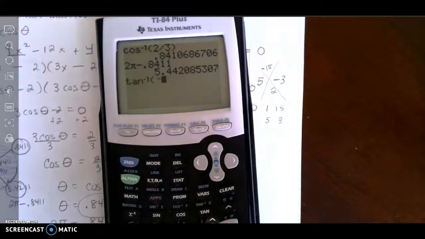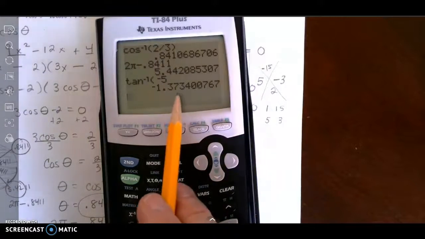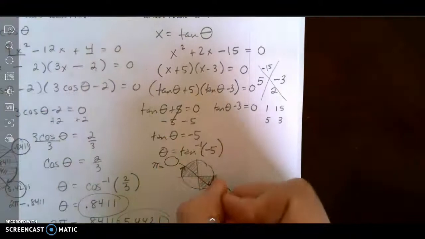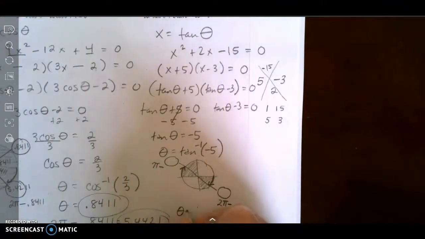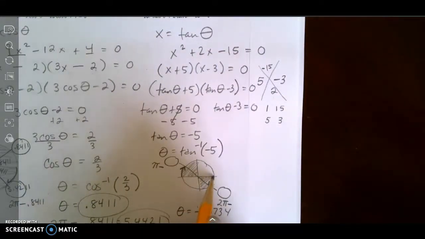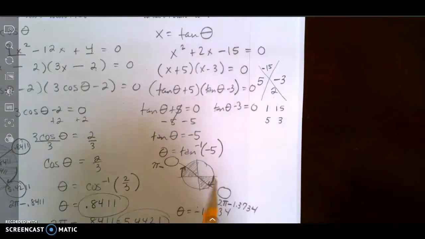Inverse tangent of -5, and I get -1.3734. But the negative doesn't really matter. It just matters that theta is -1.3734, but that means that this angle here is just going in this direction, 1.3734. So I'm not going to subtract a negative; I'm going to add.